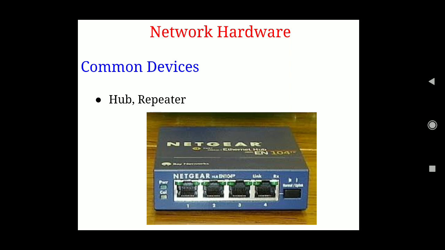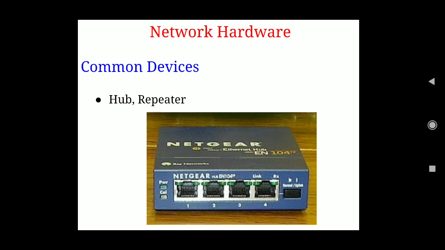For the time being, simply remember that ports 1, 2 and 3 are used to connect individual machines. So with this particular hub, you can connect 3 machines to each other, and the fourth port will be used for the uplink. That means this network, which is formed of 3 machines and the hub here, will be connected to the rest of the network using the fourth port.